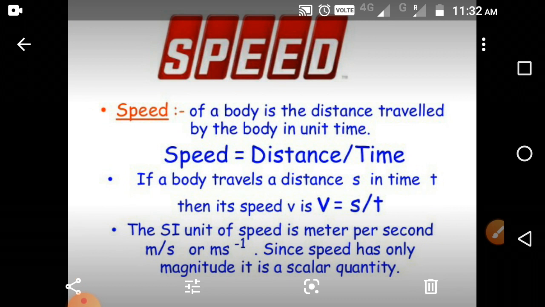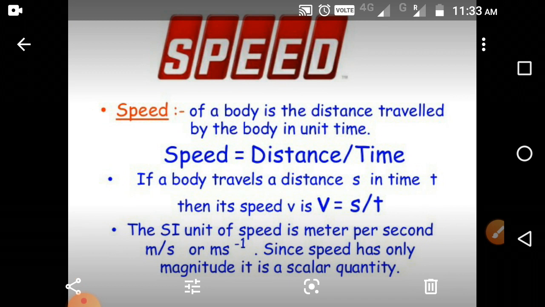That's the speed of that object. So the equation to find the speed is distance divided by time. Mathematically, v equals s divided by t, where s stands for distance, t stands for time, and v stands for speed.